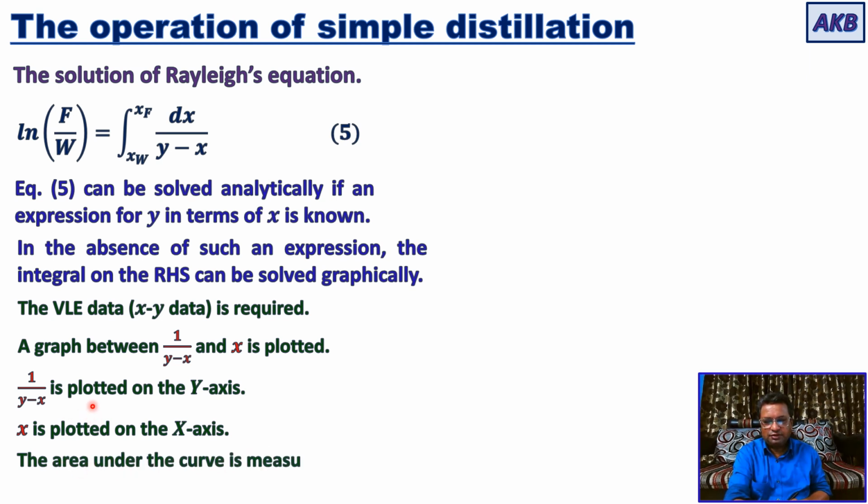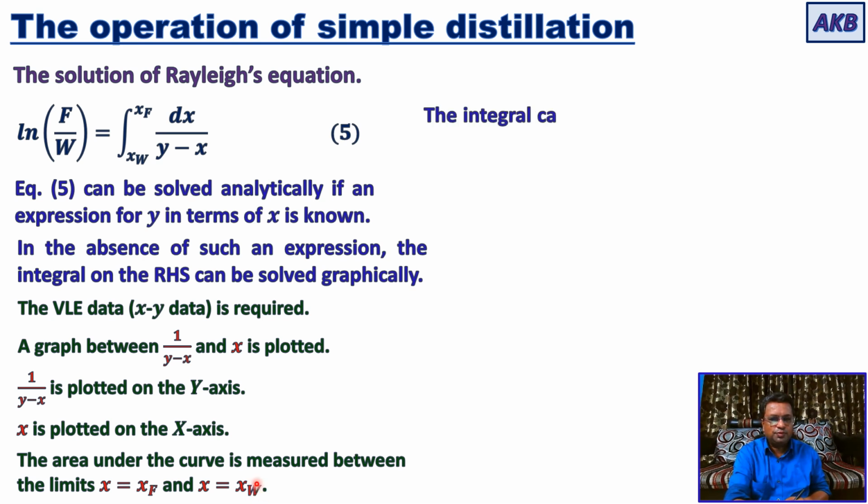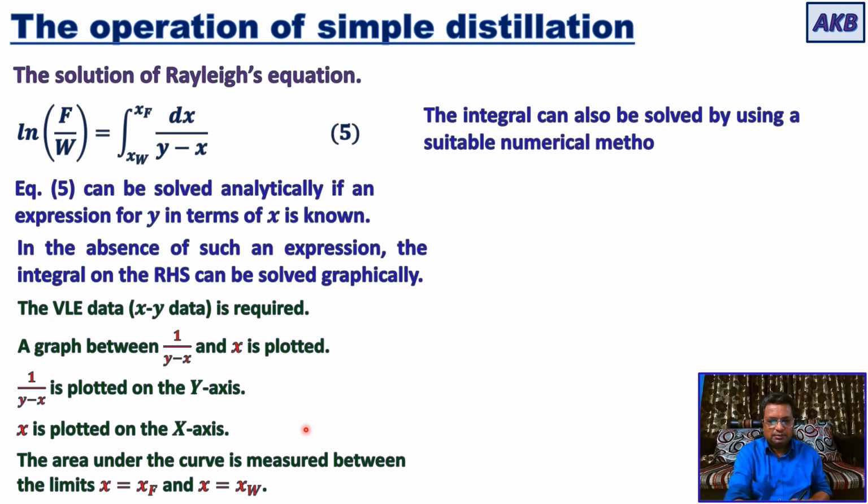And whatever curve is obtained by this plot, we need to find area under the curve. Area under the curve is measured between the limits. What are the limits? x is equal to xf and x is equal to xw. I will show you the graph.